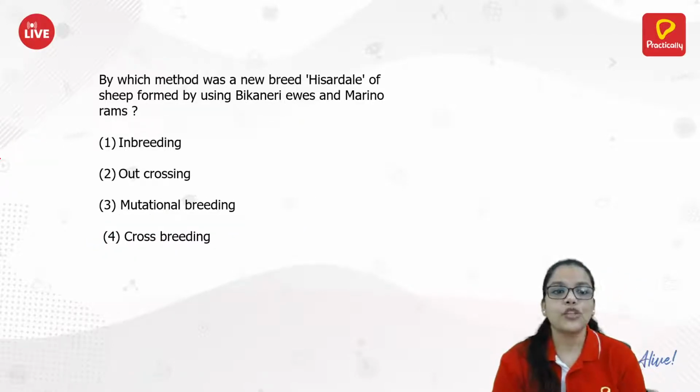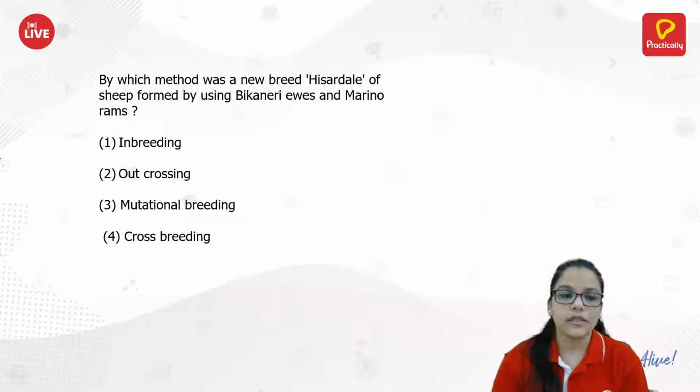Next, by which method was a new breed Hisardale of sheep found by using Bikaneri ewes and Merino rams? This is a kind of crossbreeding, okay, where different kinds of sheep, Bikaneri ewes and Merino rams, were crossbred.